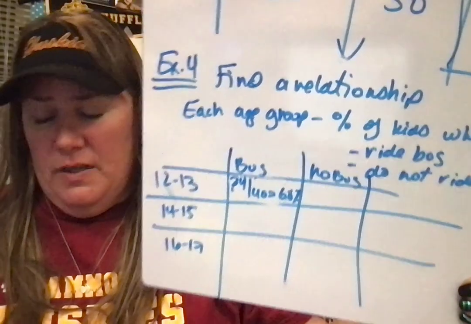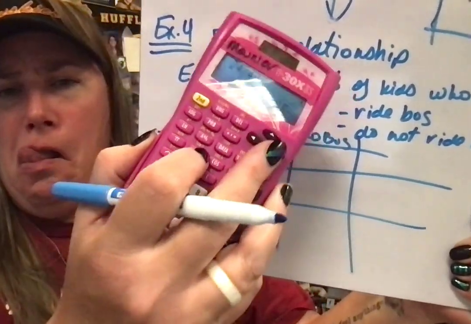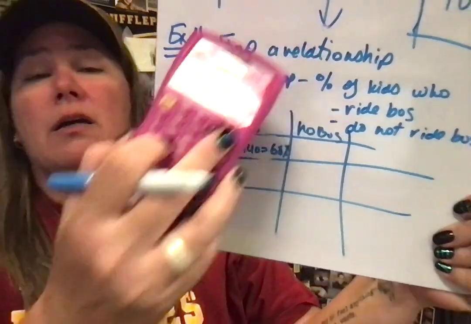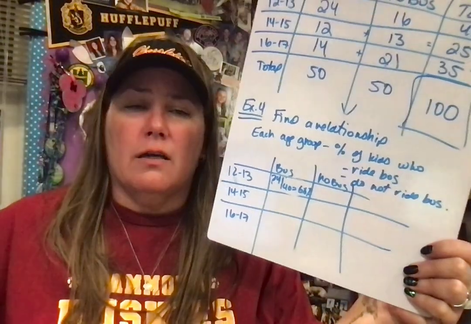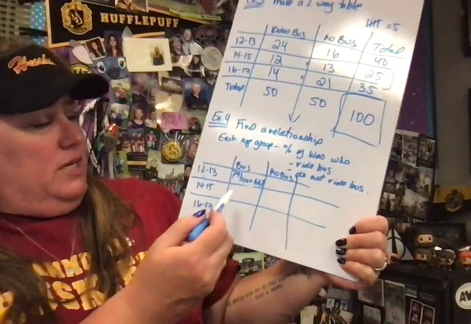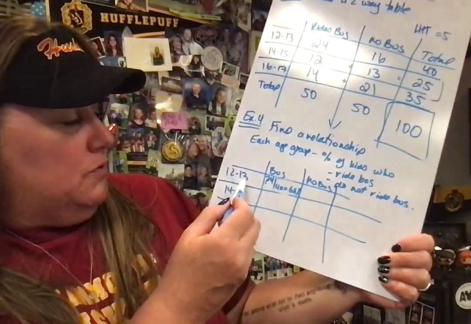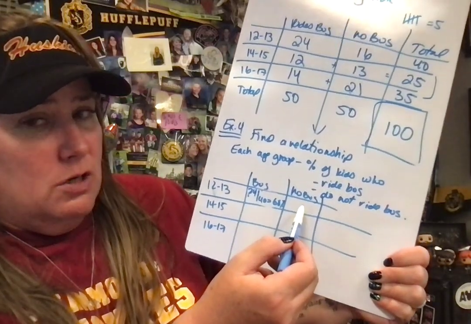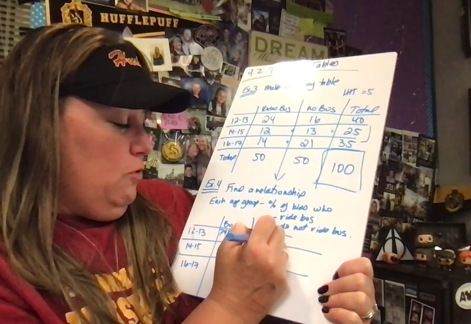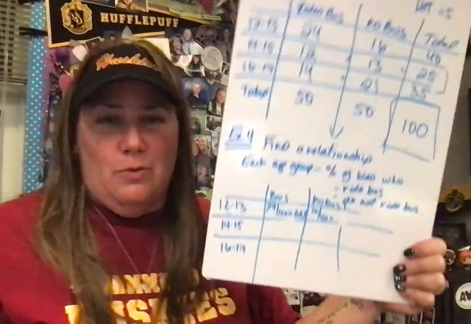Now your calculator says 0.6. Move the decimal twice to the right and add a percent sign. So 60% of kids between the ages of 12 and 13 ride the bus. So if they do not ride the bus, that's 16 out of 40. Do I have to do that math?